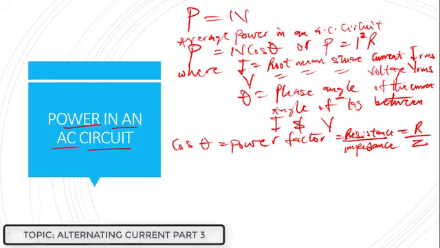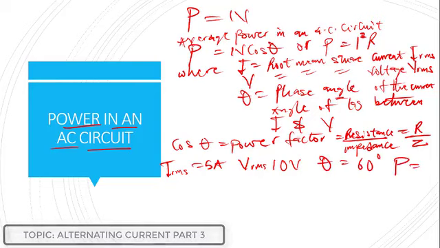It says that the power dissipated in an AC circuit has an RMS current of 5 amperes, an RMS voltage of 10 volts, and a phase angle theta of 60 degrees. And we're asked to find the power dissipated in the circuit.